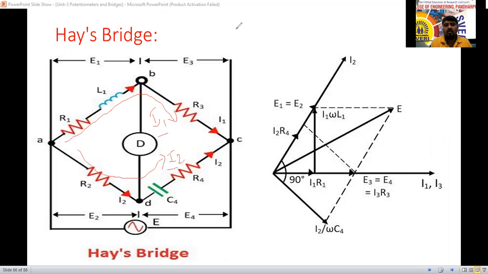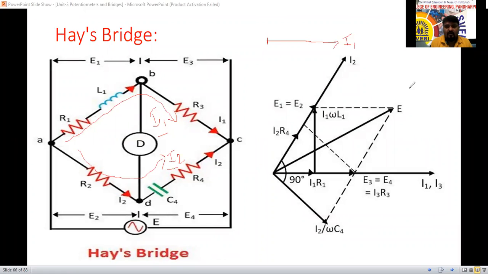What I will do, I will take I1 as the reference current. I1 is flowing through the resistance, inductance, and resistance here. And I2 is flowing through resistance, capacitance, and resistance here.